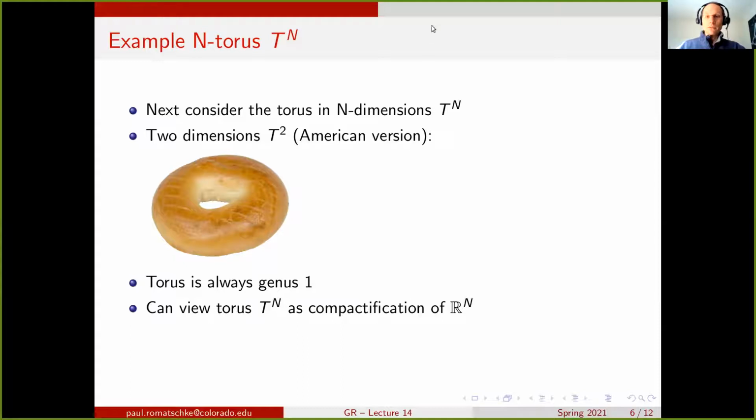Let me stop sharing my screen and just show you this. Let's start with a Euclidean manifold in 2 dimensions, which I take to be this paper here. Then we want to compactify some direction. For instance, I'll do a transformation such that two of these ends are on top of each other like this.